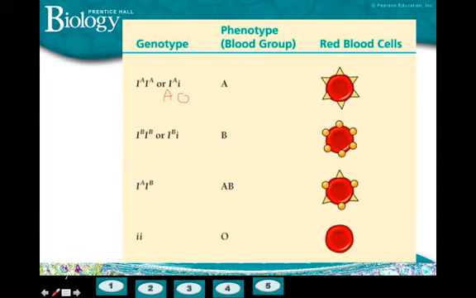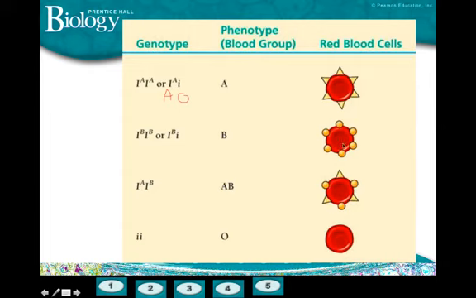Now, the reason this is important is type A blood only produces what we call A-type proteins on the surface of our red blood cells. So if you're type A blood, your immune system recognizes those A proteins and doesn't destroy your own blood.